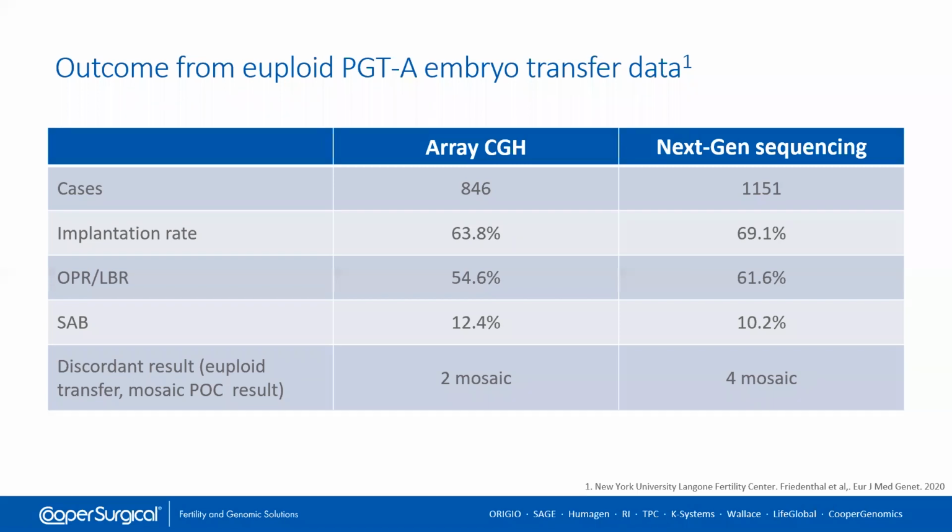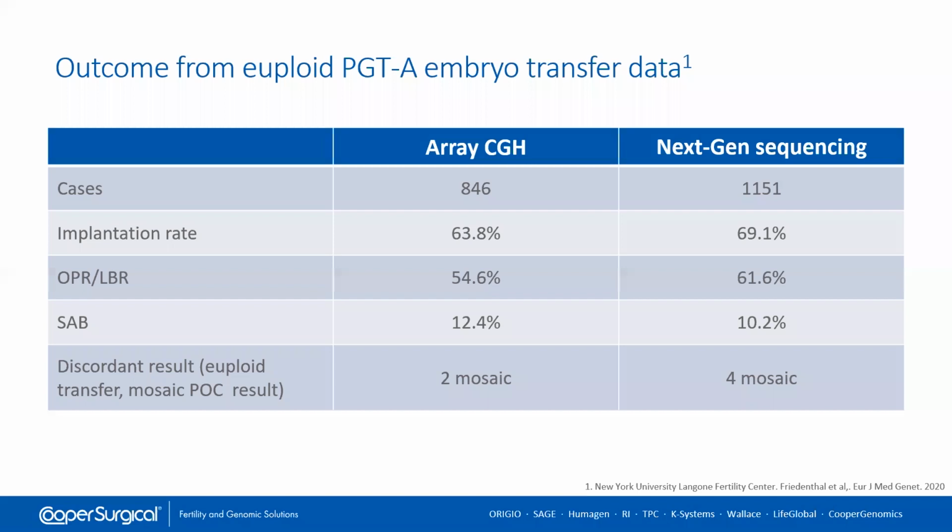So that is suggesting that a true euploid transfer, if it results in a pregnancy, is almost certainly a euploid pregnancy. When we move to next-gen sequencing, it is a more sensitive assay. It's more able to differentiate euploid from mosaic. And so by moving to next-gen, some of these low-level mosaics that array CGH could not detect were now being classed as low-level mosaic.